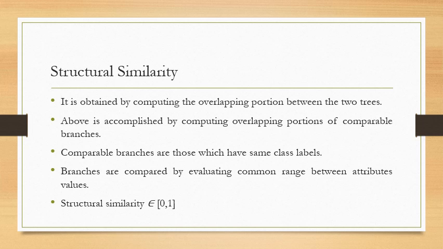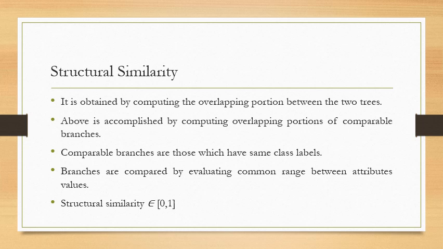Coming to the structural similarity first. Suppose we have two trees and we need to compute the overlapping portions. We will have to find the structural similarity for that. As I said, we just compute the overlapping of comparable branches.